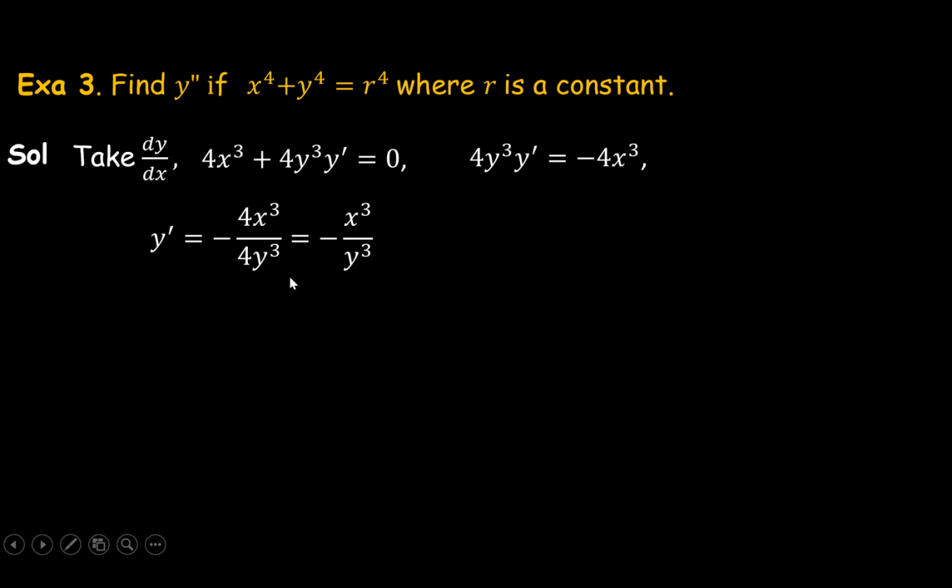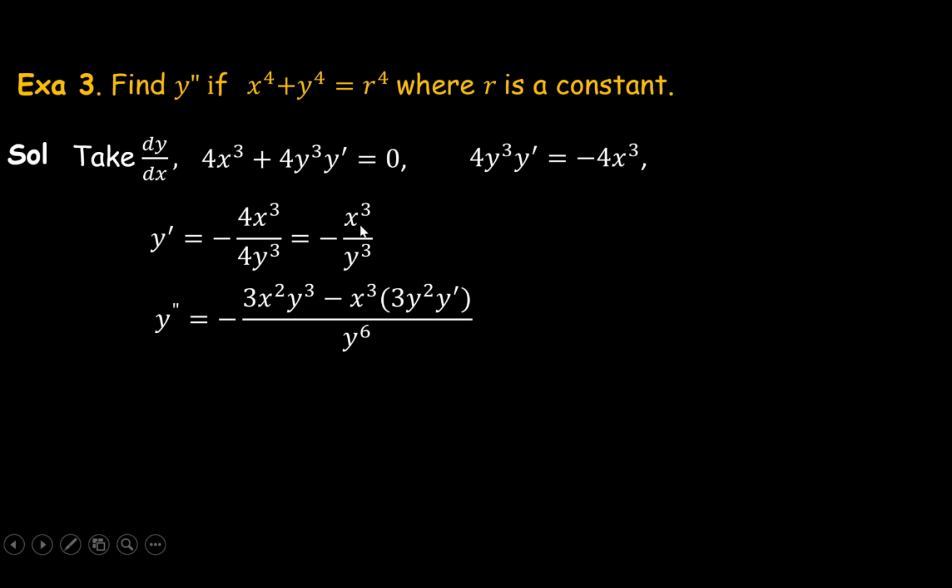Notice this is a quotient, so we do need the quotient rule here. The rule says you take the derivative of the top, so f prime g minus f g prime. So f prime in this case is 3x squared. Okay, that's what f prime is, times g is y to the third, minus f times g prime.